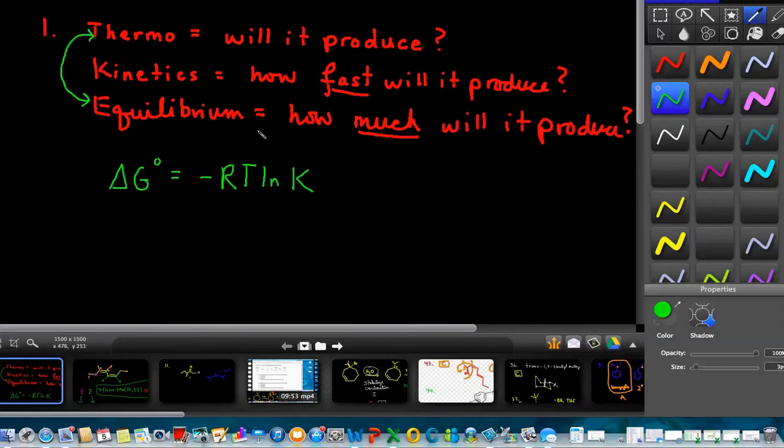Relating thermo to kinetics is much more difficult, although there is a weak connection in the fact that the energy of activation is the delta G of the transition state. So kinetics, if we look at a potential energy diagram, is typically going to implicate the activation energy.